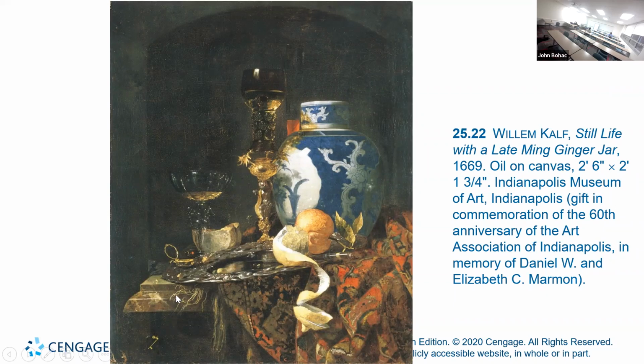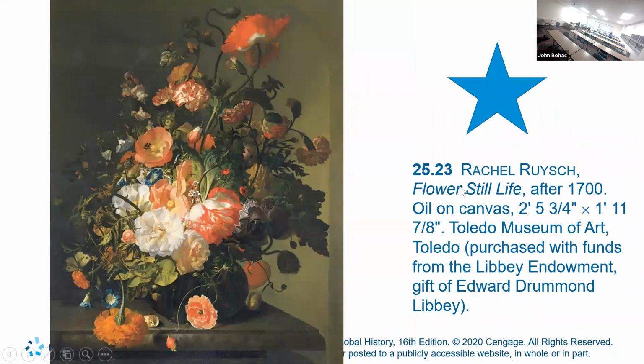And so this is a symbol of wealth, and it's an everyday thing, and it's kind of a, look at me, how well I can paint. If you want me to do your portrait, if you want me to do anything, here I am. I'm this good.